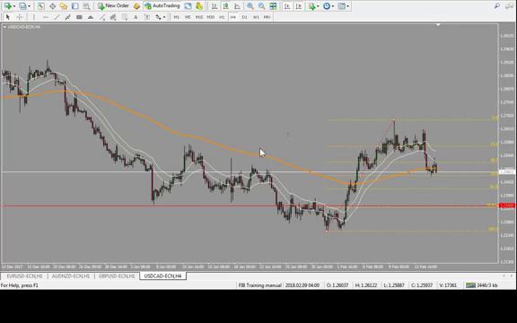So if I now add a minus 0.272 and make it display minus 27.2, I get a target up here.